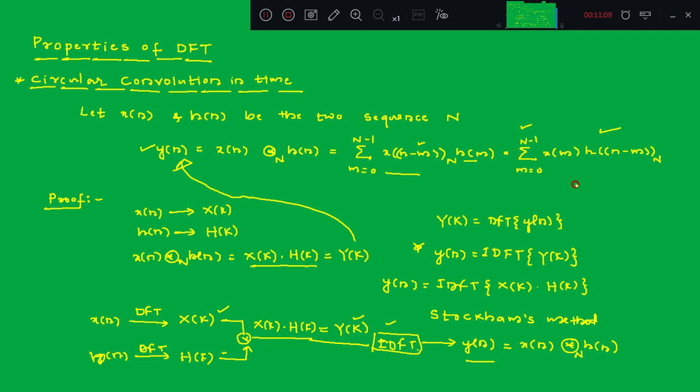So basically there are three methods. One is the time domain method, second is the frequency domain method, also known as Stockham's method, and the third one is the concentric circle method, right?